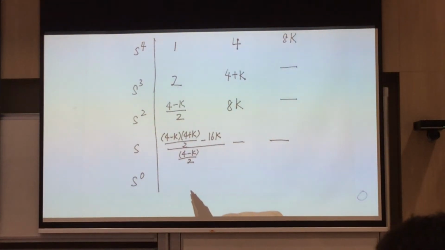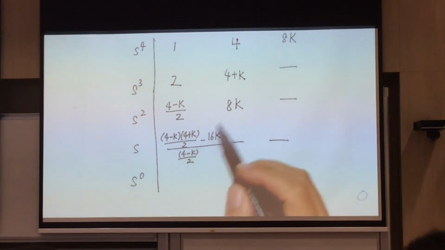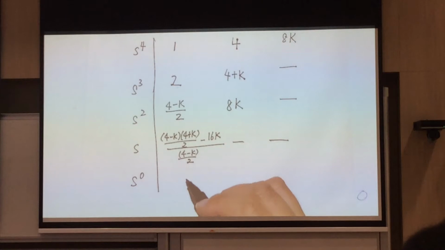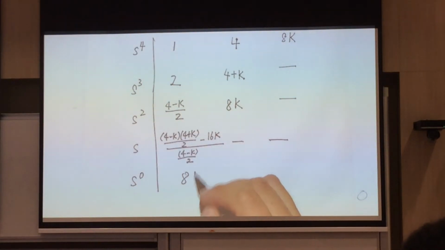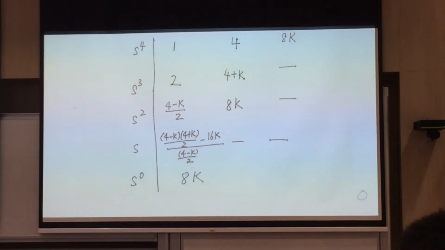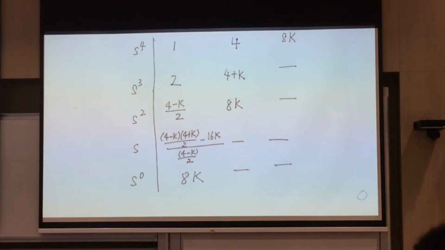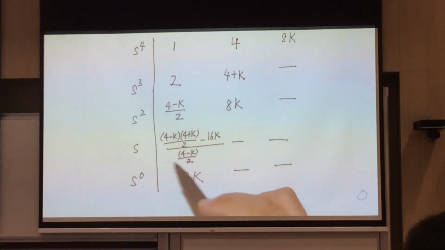And this one, if you want to continue, you just take this times 8k minus this times nothing over this, or just write out a0. So has anybody managed to simplify this?